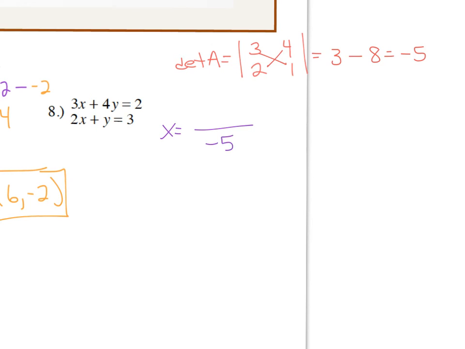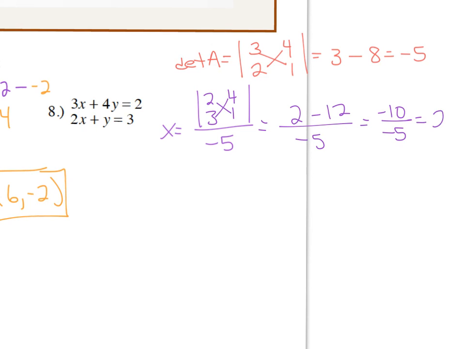Again, we know the denominator is negative 5. And in Cramer's rule, it says instead of 3 and 2 in the first column, I'm going to put 2 and 3. But the 4 and the 1 will stay put. So 2 minus 12. 2 minus 12 is negative 10. Divided by negative 5 is 2.